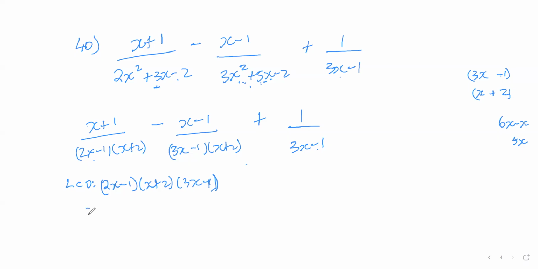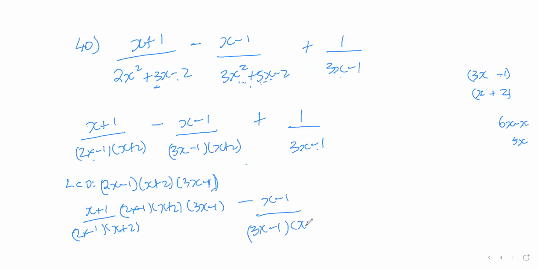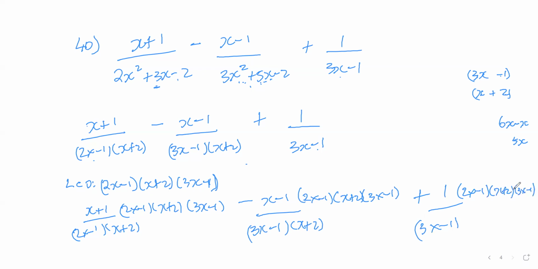So we get (x + 1)/((2x − 1)(x + 2)) times (2x − 1)(x + 2)(3x − 1), minus (x − 1)/((3x − 1)(x + 2)) times (2x − 1)(x + 2)(3x − 1), plus 1/(3x − 1) times (2x − 1)(x + 2)(3x − 1), the LCD.